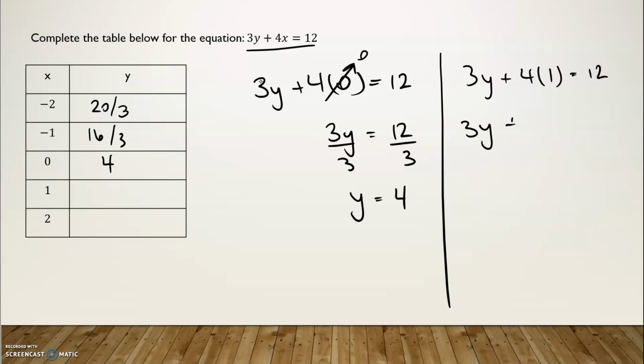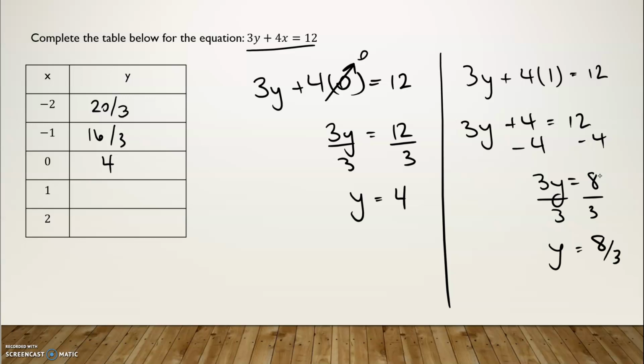So 3y plus 4 is equal to 12. Subtract 4 from both sides. So 3y is equal to 8. Divide both sides by 3. So y is equal to 8 over 3. And again, I can't reduce that, so I'm going to leave that as 8 over 3.